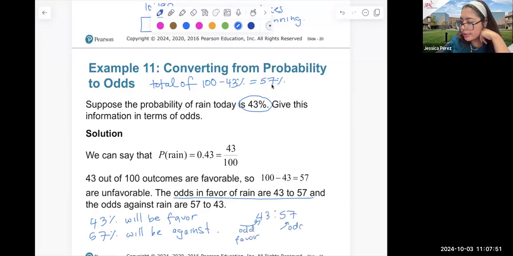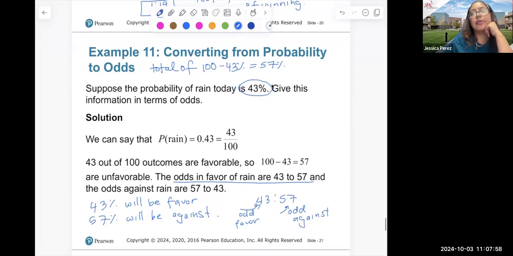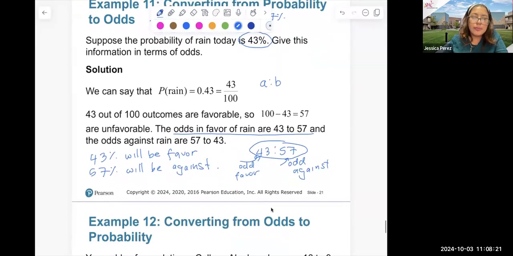You first use the definition of probability, and then you subtract it from the total outcome, and you get 57 against. So all you have to do is 43 in favor, 57 against. A to B. Again, you're looking for the ones in favor. That's what we've been doing so far.